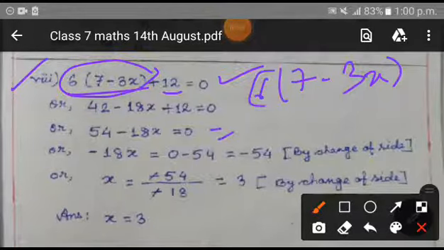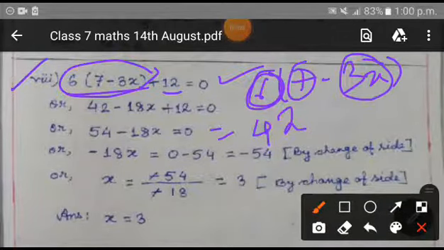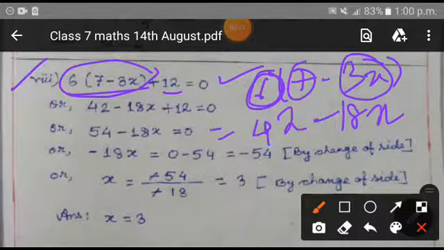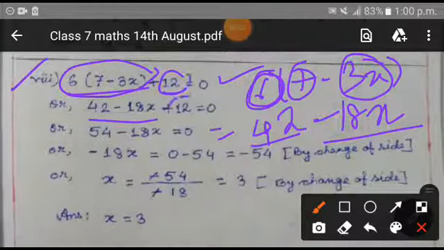At first you multiply this 6 with 7, 6 7s are 42, and after that you multiply 6 with -3x. So 6 into 3 is 18, that will give you -18x. So this is the distributive property. So 6 7s are 42, 42 - 18x, and + 12 was already over here.